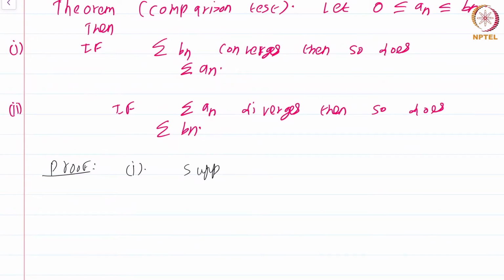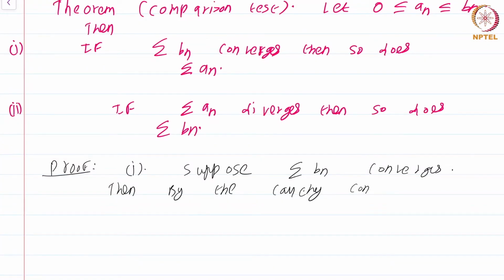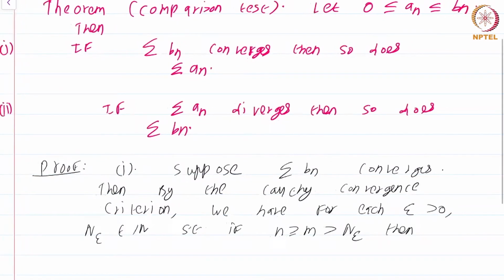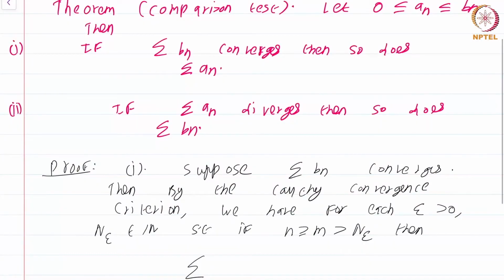Suppose summation bn converges. Then by the Cauchy convergence criterion, we have for each epsilon greater than 0, an N epsilon in N, such that if n is greater than or equal to m, which is greater than N epsilon, then the modulus of summation bj as j runs from m to n is less than epsilon.